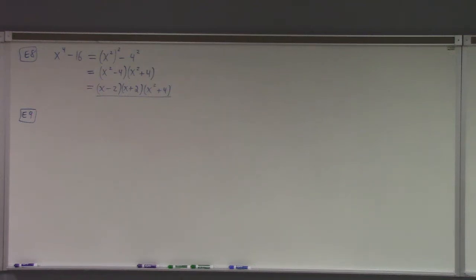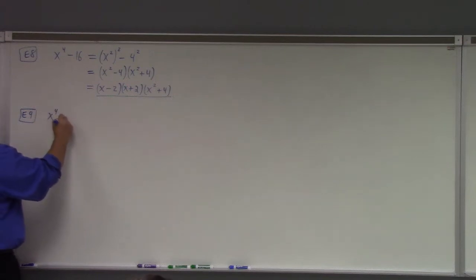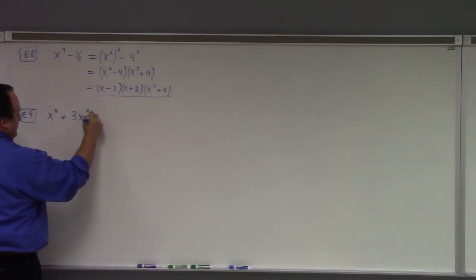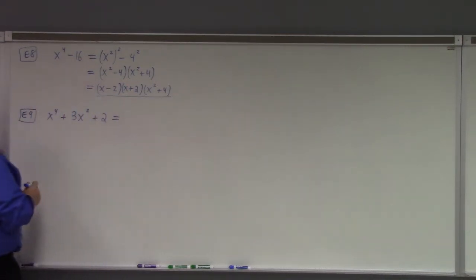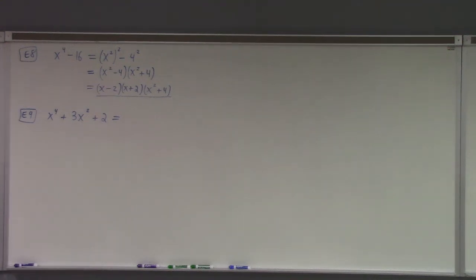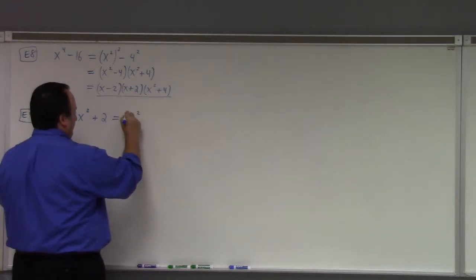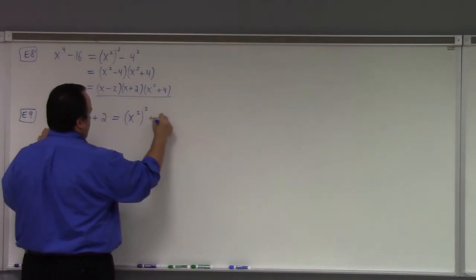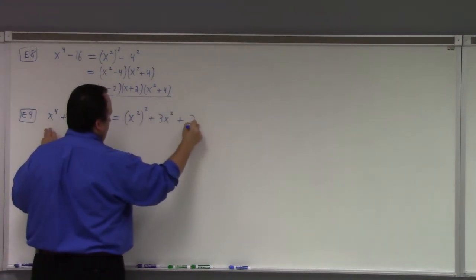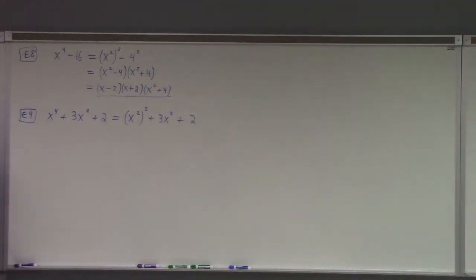This one's not in your homework, but it's the same idea. Like if I had x to the 4th plus 3x squared plus 2. This is like something we've already done in the last class also, but not with x squared. If we look at this, this is x squared squared, right? Plus 3x squared plus 2. So if you want, we can make a substitution.